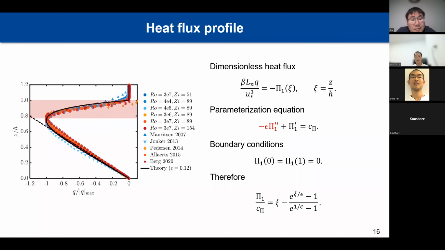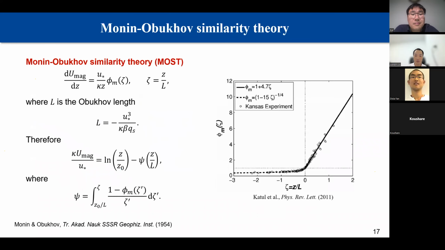So now with the correct heat flux profile, how can we get a more accurate wind speed profile? To do that, I want to first review very quickly the famous Monin-Obukhov similarity theory.